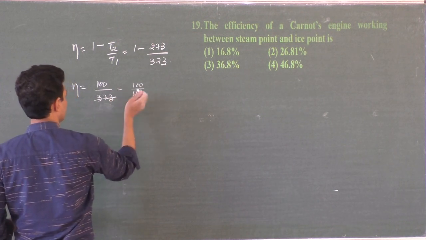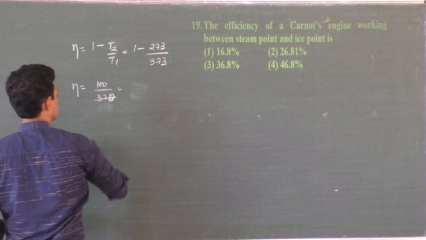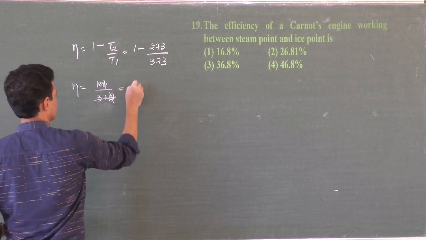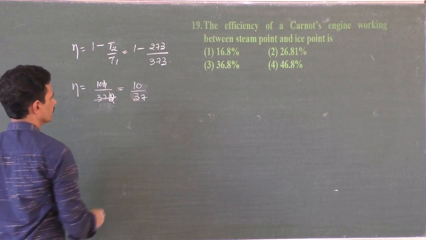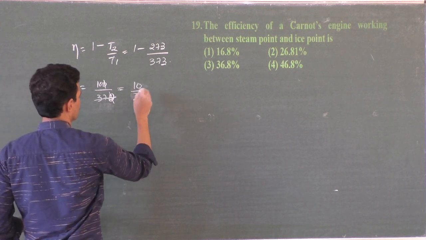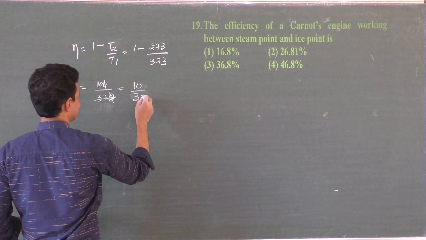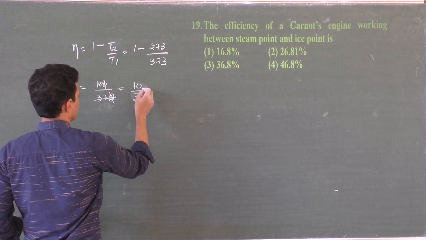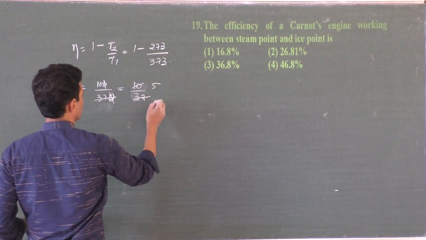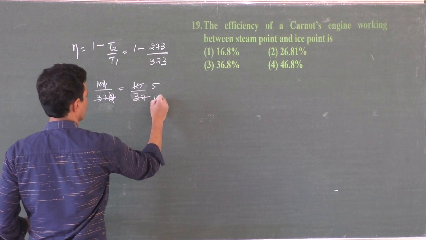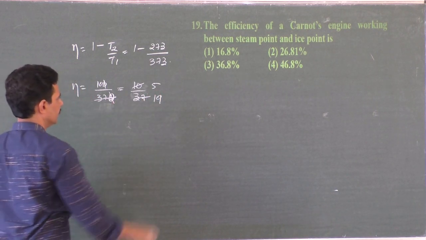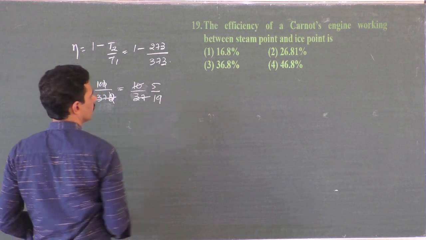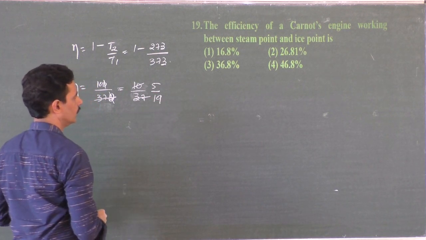If I take it as 370, the 0 gets cancelled, 10 by 37. What else can I do? 9s I'll take, because it was 373 here. It is almost 1 by 4, 25%. No, it cannot be so much.